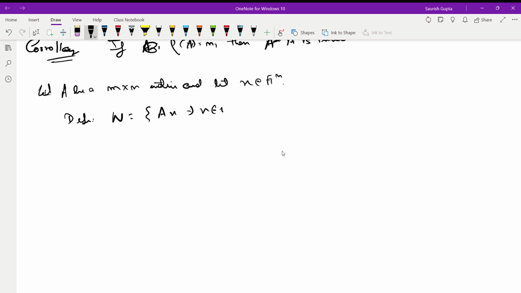Define W to be the collection of vectors Ax such that X is in Fn. Then observe minimizing E is simply finding the best approximation of the vector Y with vectors in W, right? By definition, it follows.